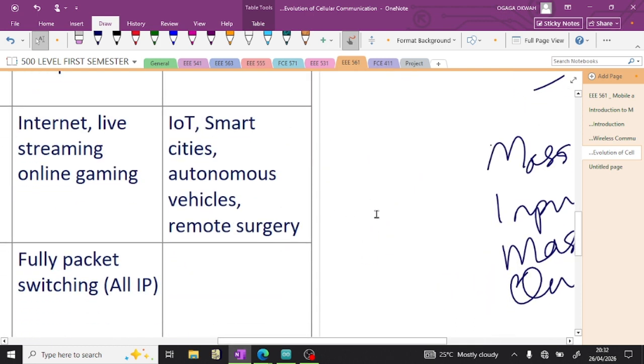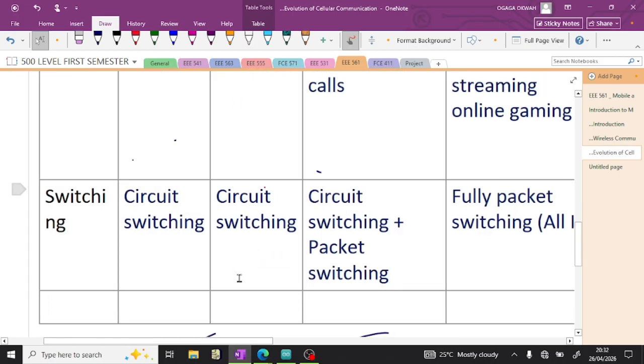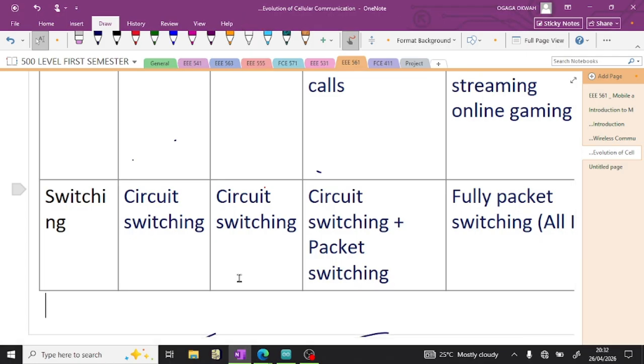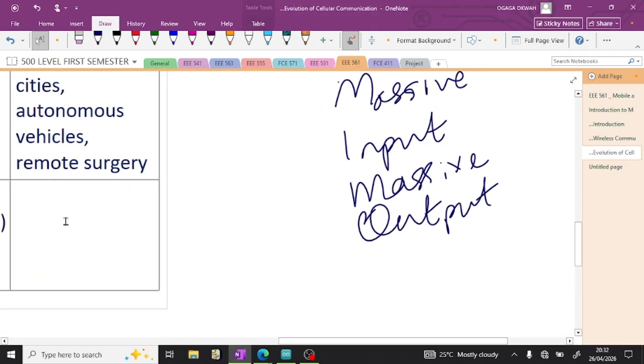Now, of course, what is used is enhanced, the same all IP, but advanced.